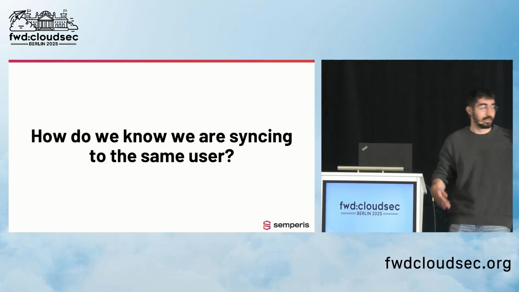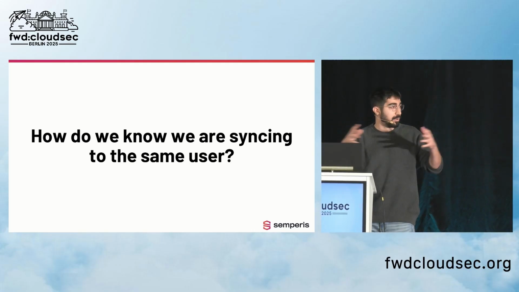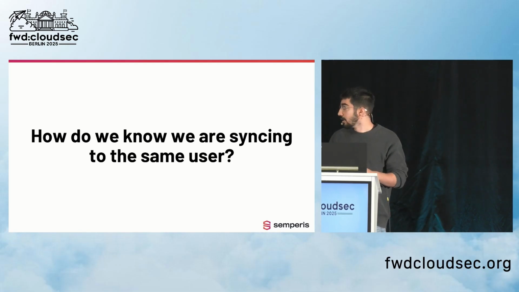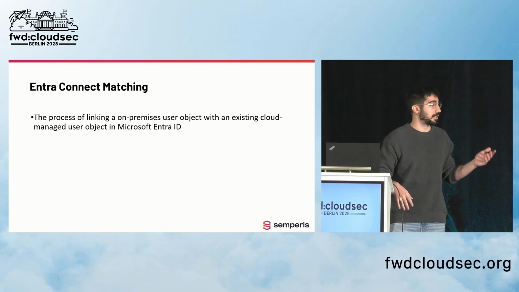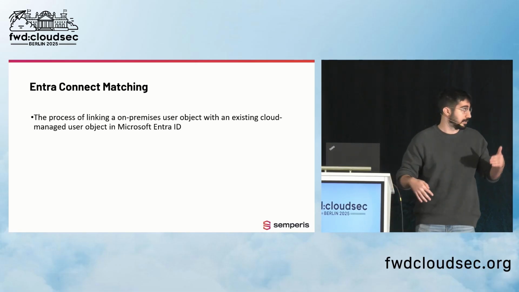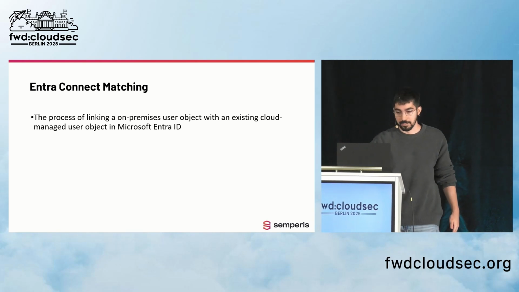Because I have Tomar in AD, and I have Tomar in Entra ID. So are we matching them just based on display name, any other attributes? Well, obviously, Microsoft thought about it, and they came out with something called Entra Connect matching, which is the process of linking an on-premise user with an existing cloud-managed user in Entra ID.